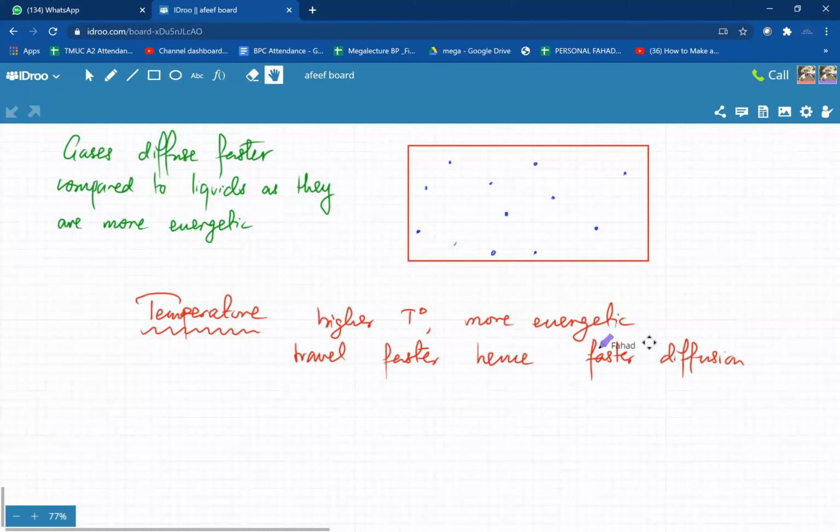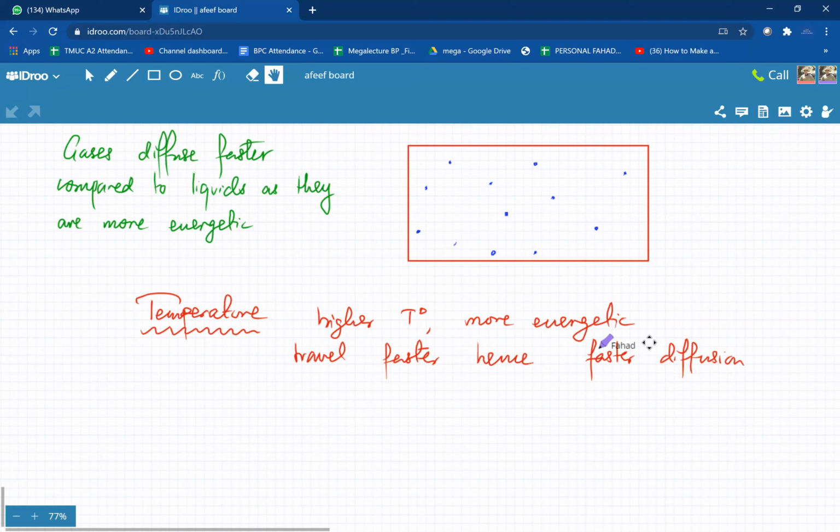Similarly, in summers you can smell a lot of things, like flowers and even the grass. But in winters it's harder to smell things. So higher temperature, more energetic, and hence faster diffusion.